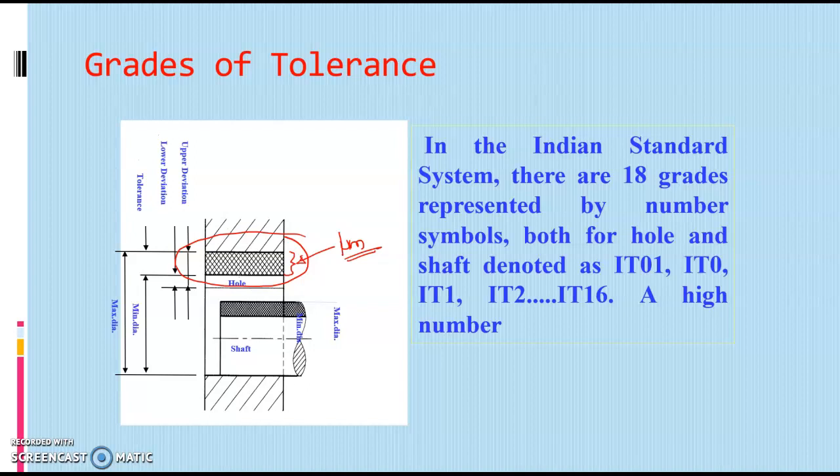According to BIS, we have 18 grades of tolerance, represented with the capital letters IT, which stands for international tolerance. It starts with IT01, then IT0, then IT1 to 16, so in total 18 grades are there.